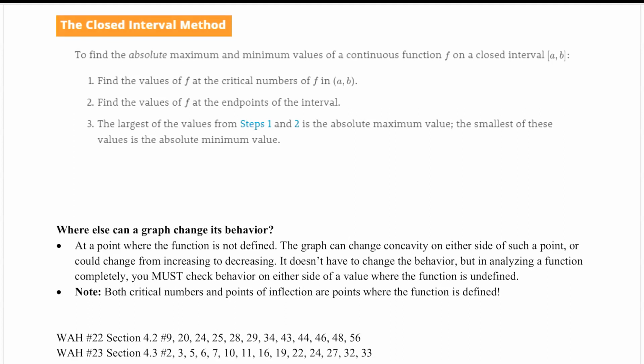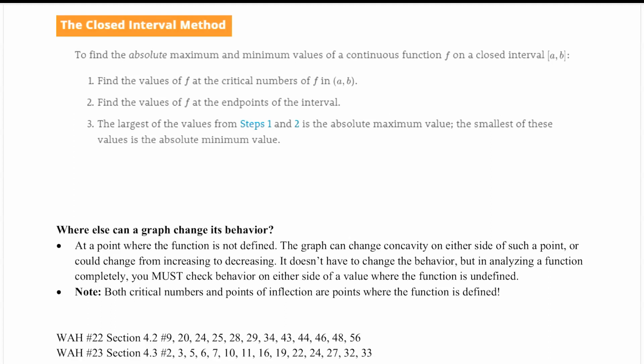Okay, and last but not least, where else can a function change its behavior? It can change its behavior at a place where the function is actually not defined. So the graph could change its concavity on either side of a place where it's undefined. It could change its behavior, say from increasing to decreasing or vice versa.